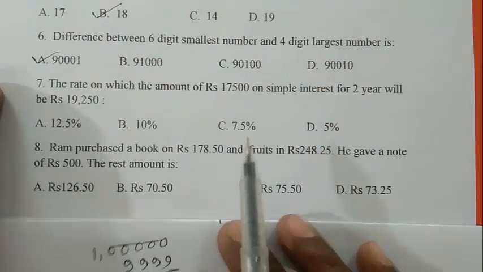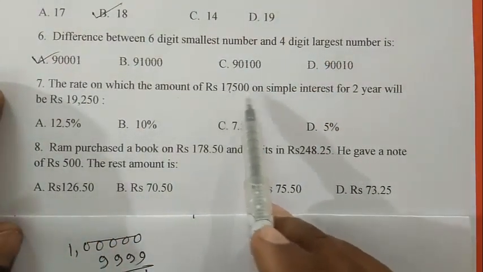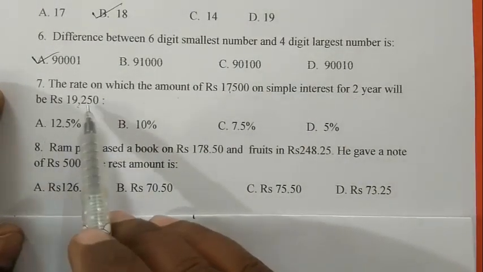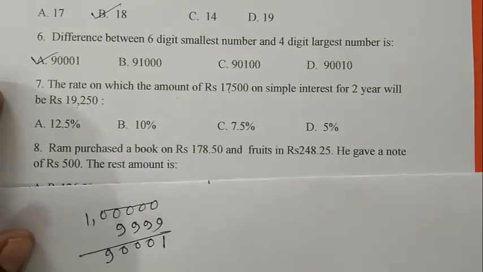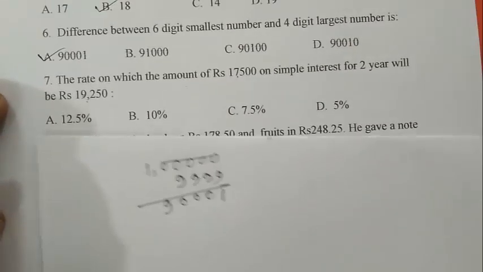Coming to the next question. The rate at which the amount 17,500 on simple interest for 2 years will be 19,250. So question number 7.